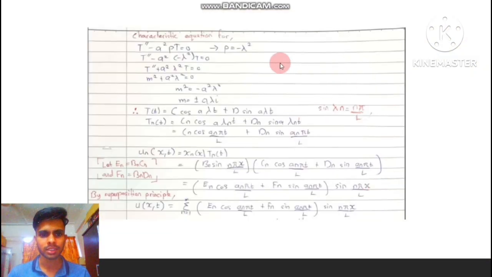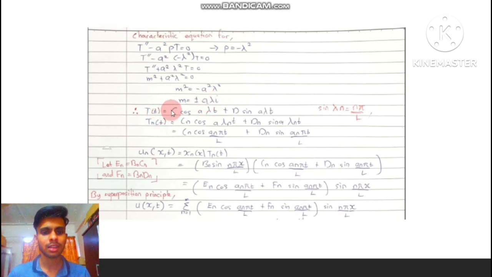Here we have the characteristic equation for G double prime minus a squared P G equals 0, where P is equal to negative lambda squared, and what we get from that is m equals plus or minus a lambda.